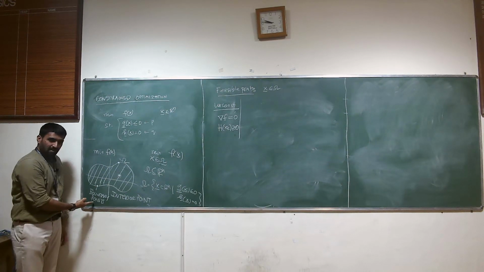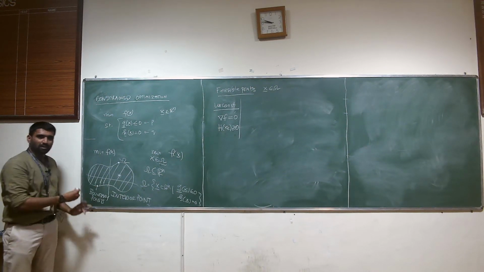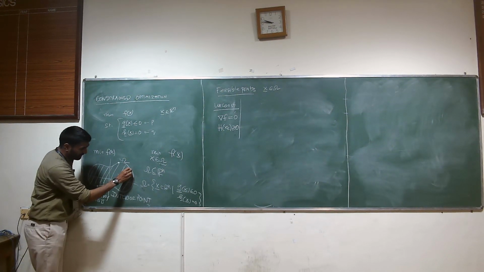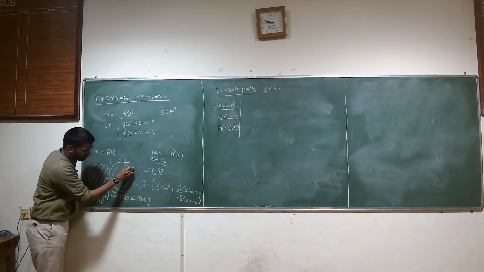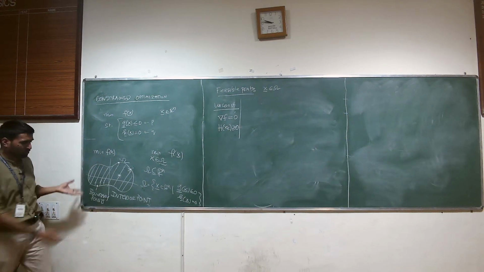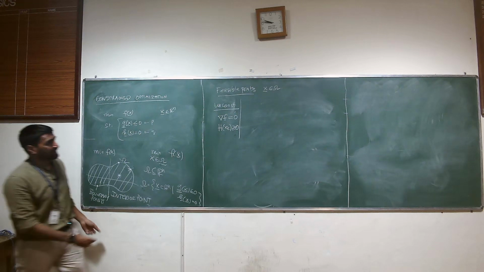Whereas for the boundary point, it turns out you cannot move in any arbitrary direction you want. For example, if I'm here, right, I can move in these directions, but I definitely cannot move in this direction. So there are directions that you cannot move if you're on the boundary. So that would be the difference between what is an interior point and what is a boundary point.